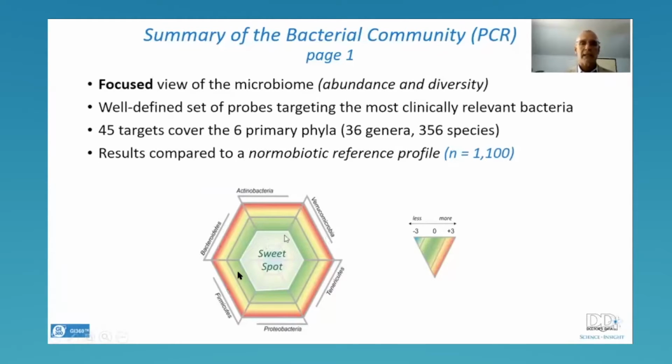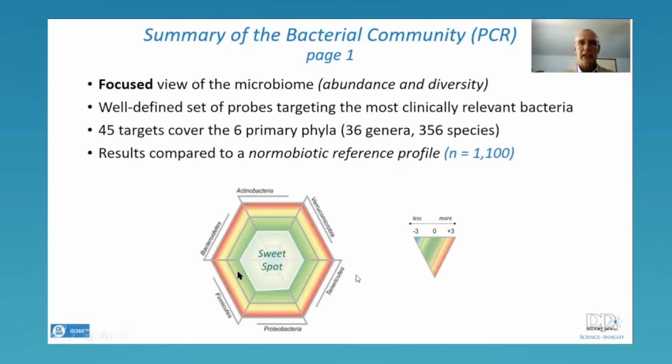And then in the center here, you see this white spot that we call the web. In this case, it's the results for the patient, a very, very healthy patient. And we call that the sweet spot because it falls right in that green zone.